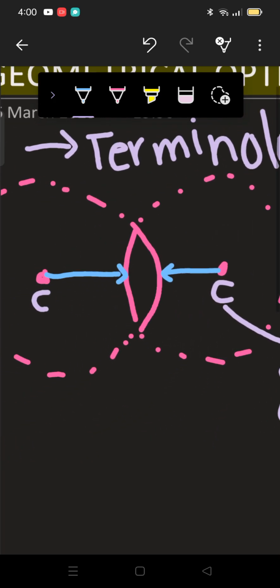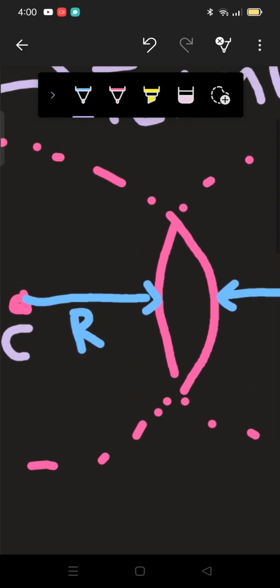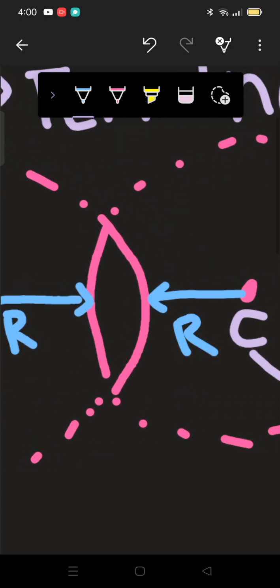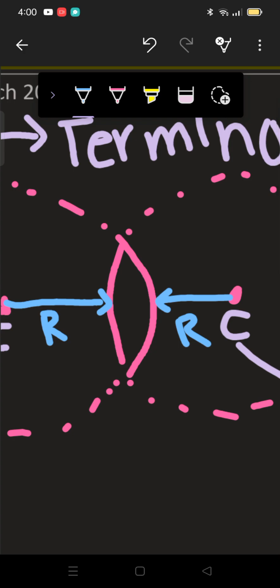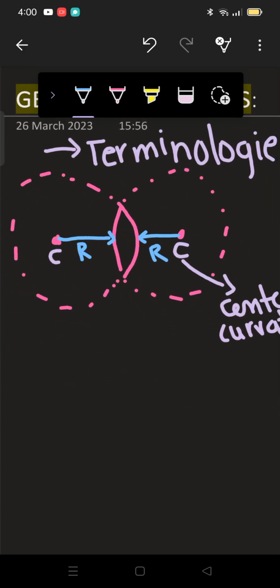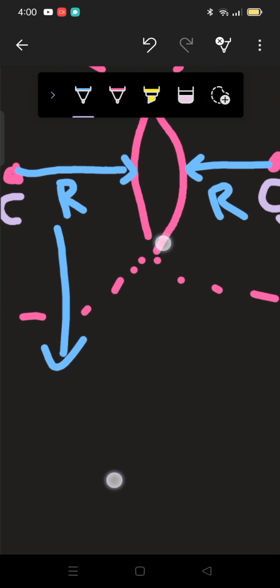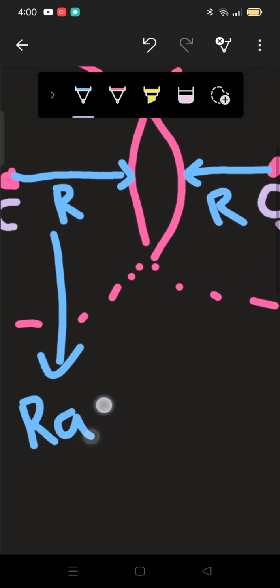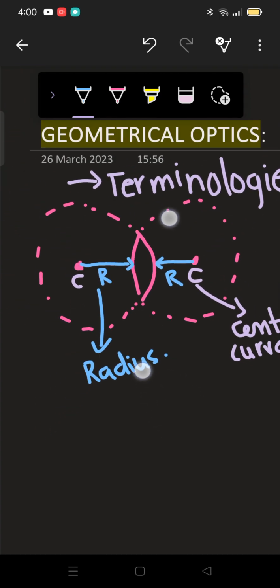This is a radius. Radius is nothing but the radius of the sphere from which the spherical surface of a lens is obtained. So this is the radius.